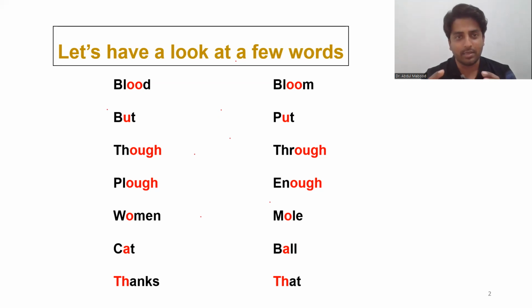In the sense here, you can see that in these words, suppose blood and bloom, when you pronounce the word, it is clear that in blood, double o gives the sound a, but in bloom, double o gives the sound oo.